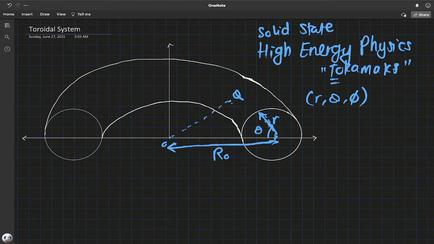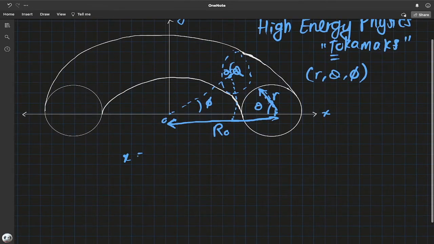So for this guy, for example, it was kind of hard to show the theta, but you can see, this for example is r, theta is sort of this guy, and the other guy is the phi. So the angle you subtend with the x-axis as you go along this donut.